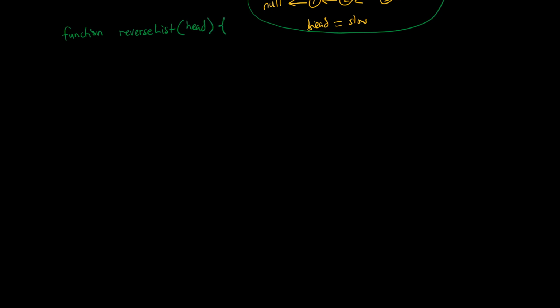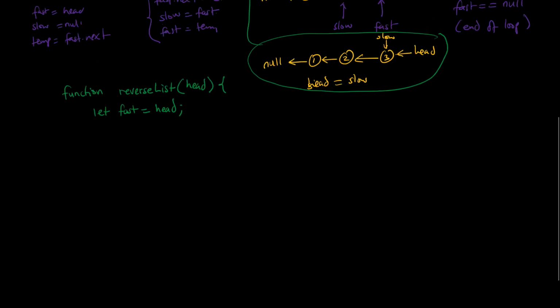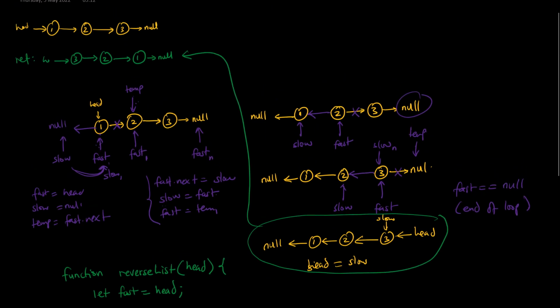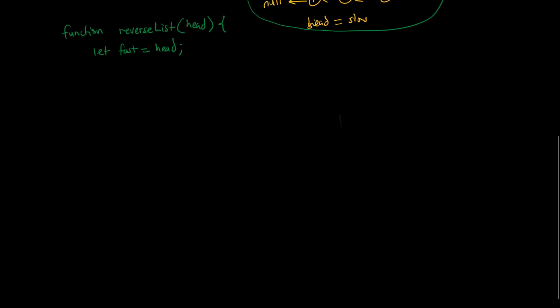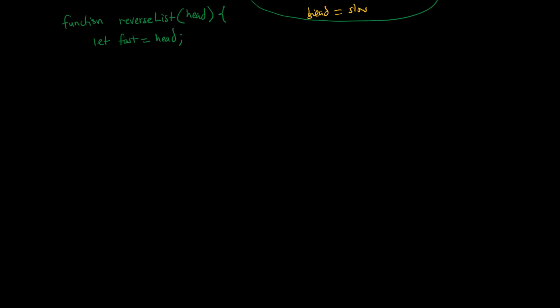And then, as you saw, the initialization is that first is pointing at the head. If you just scroll back and pause, look at the way we started. That's how we are initializing. And then let slow equal to null, okay, just behind it.